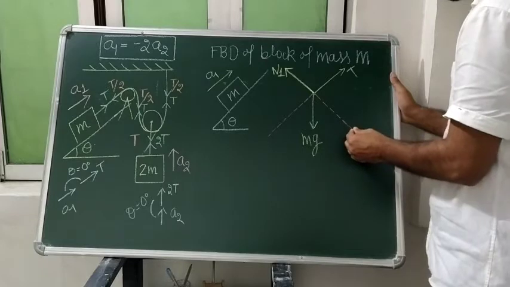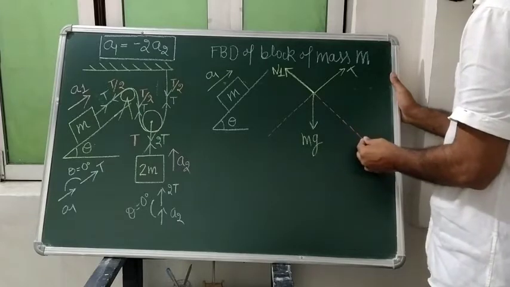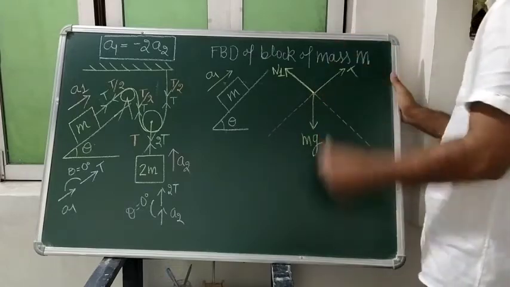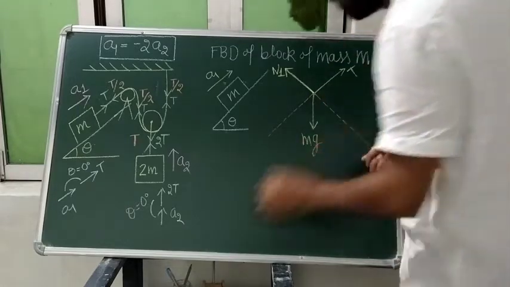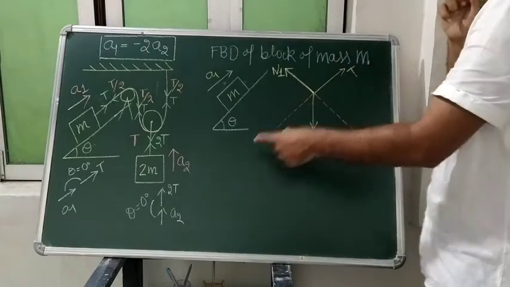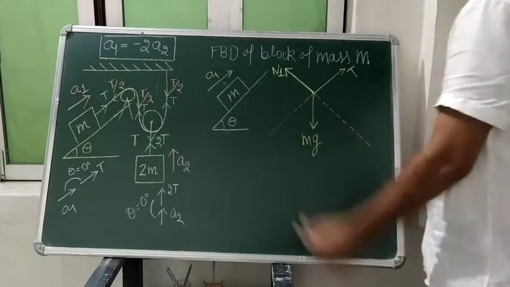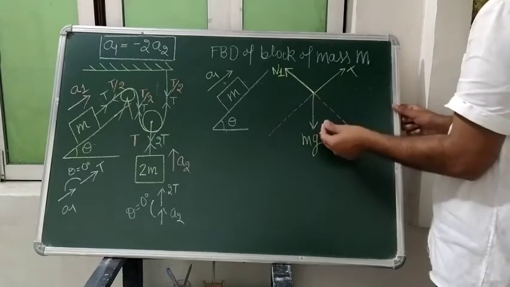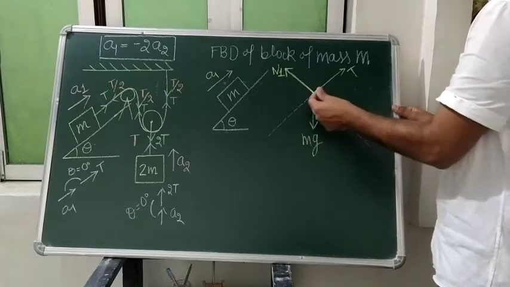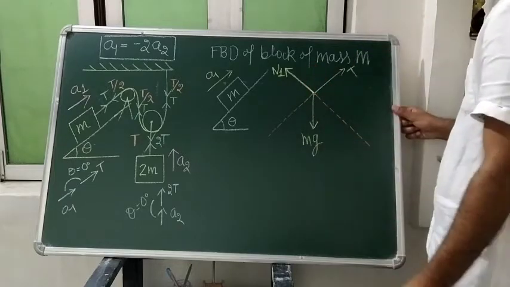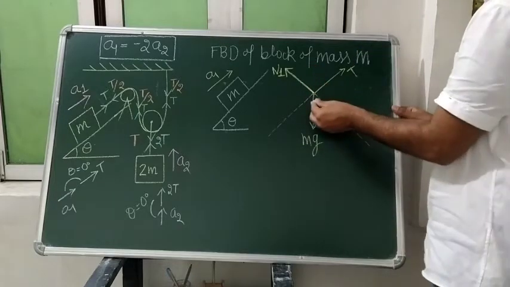So what will we do? We will resolve the forces along the contact surface and perpendicular to the contact surface. And of course, students, whatever angle the inclined plane makes with the horizontal, the same angle this force due to gravity is going to make with the perpendicular of the inclined plane.